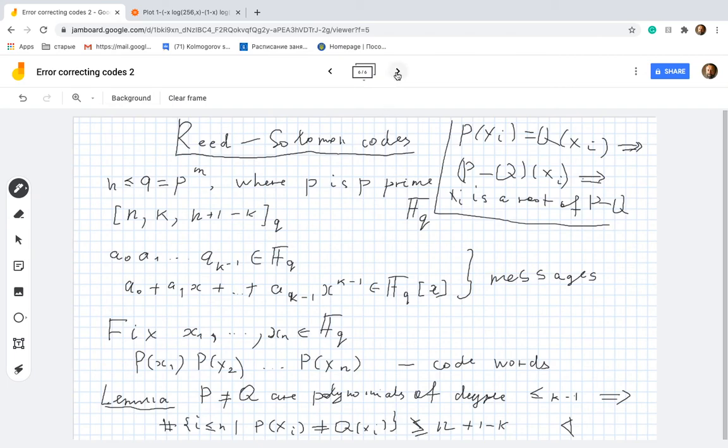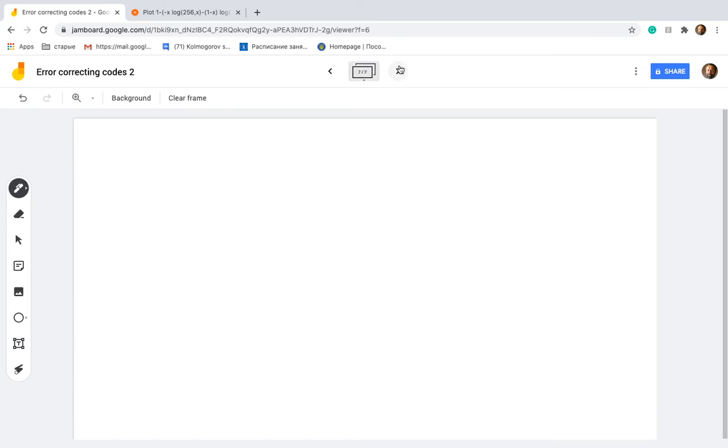Preparing for the next class, let's understand how we can decode Reed-Solomon codes, not from errors, but just decode. That means assume that we have the code word, that is the values of the polynomial, how to reconstruct the polynomial itself.